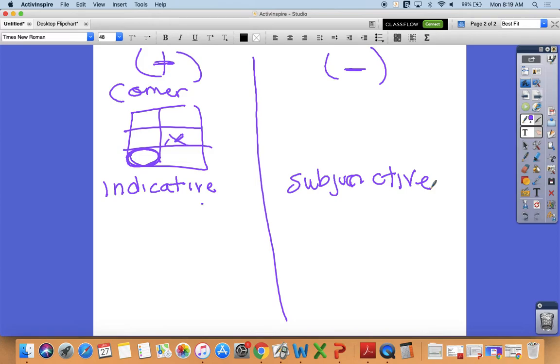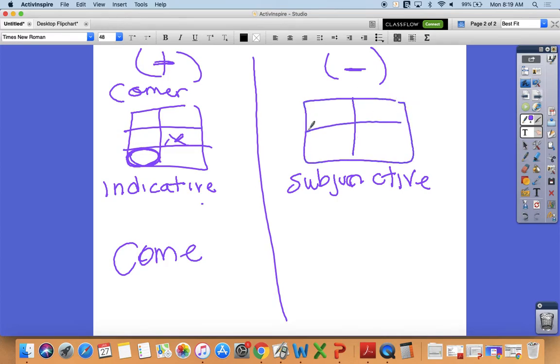So, how do we make a negative tú command? Comer would be come, if I'm saying eat, come. What's the negative form? Don't eat my hamburger. No comas. It's going to be that tú form ending, but what is the key? You first have to put it in the yo form.